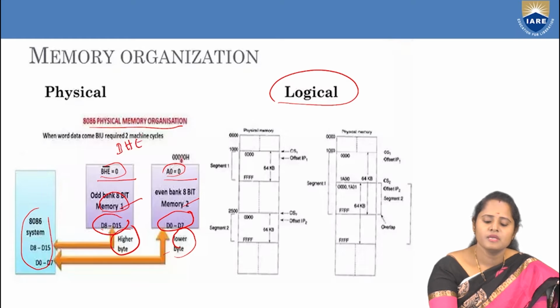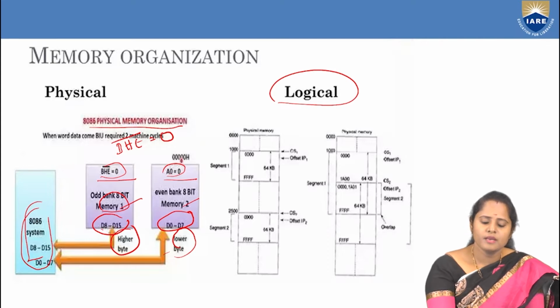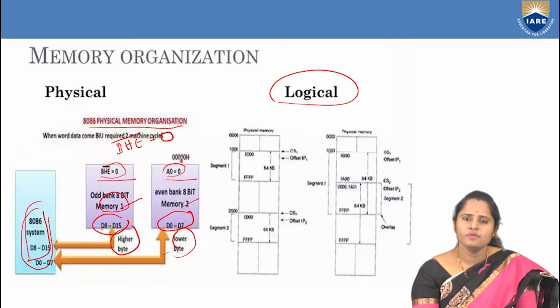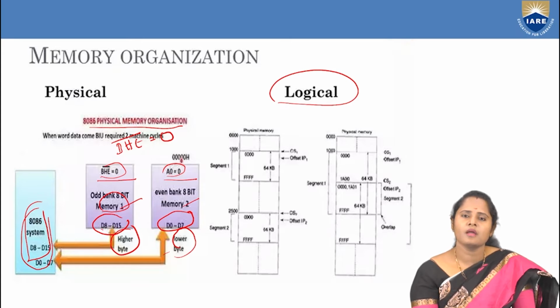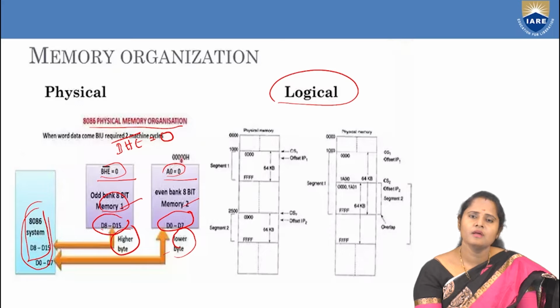BHE bar works whenever it is equal to 0. So the 8086 can access the data in the even bank and the odd bank, where the even bank is from D0 to D7 and the odd bank is from D8 to D15, and this is done by using the A0 and BHE pins.